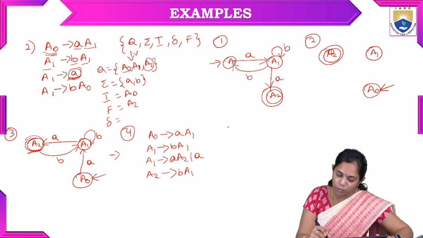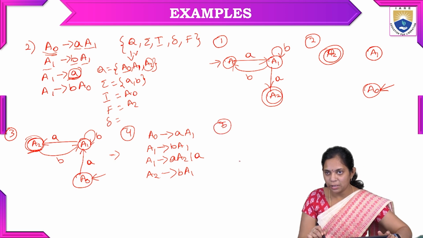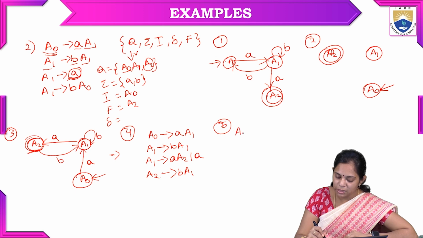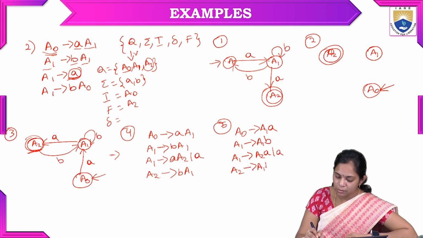And here one more thing we have to do: write that as a left linear grammar. Here we just interchange the positions of terminals and non-terminals on the right hand side. So here A1 a, and A1 b, and A2 a with the input symbol a, and from A2, A1 b.